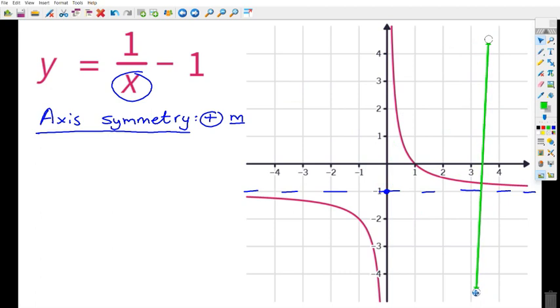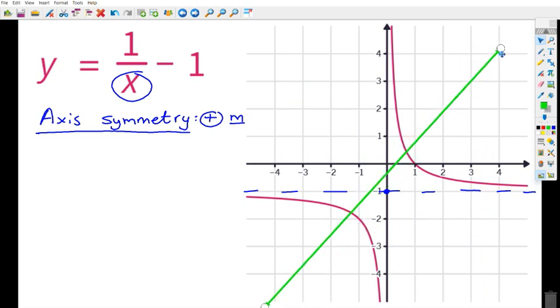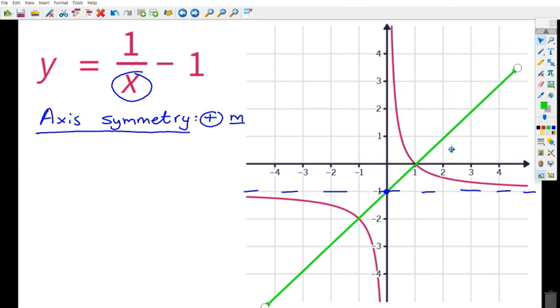It's going to look something maybe like this. And can you see on either side of this line, the hyperbola mirrors itself. So that's also an axis of symmetry.